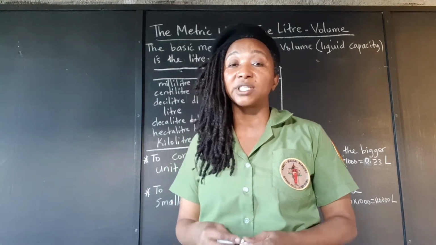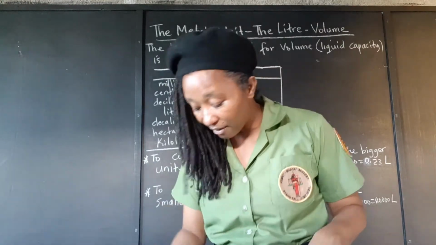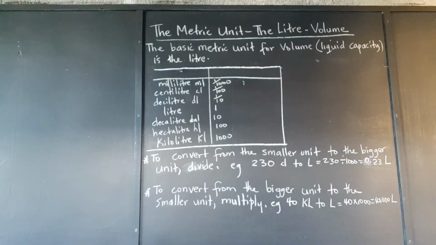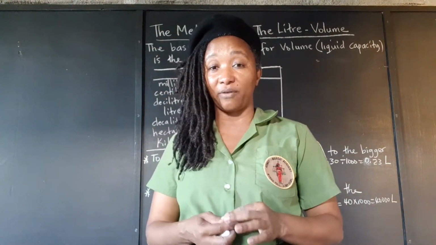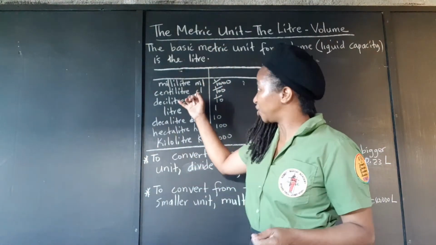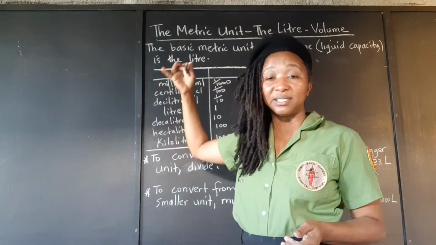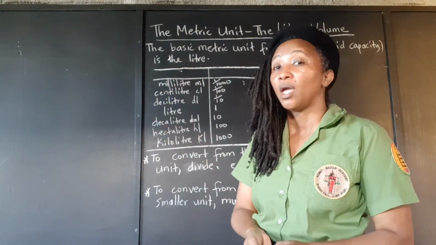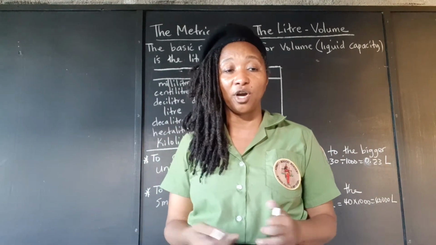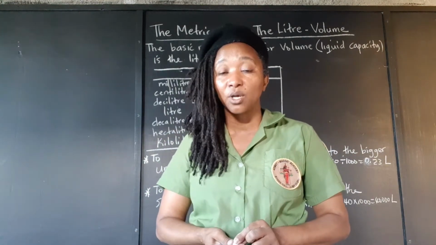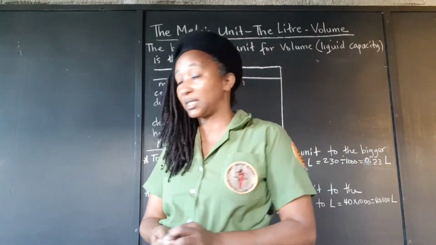And you have even smaller. Think of a small vial, a small tube of something. That would be measured in centiliters, milliliters, and so on. So depending on the size of the object, we would need different units.